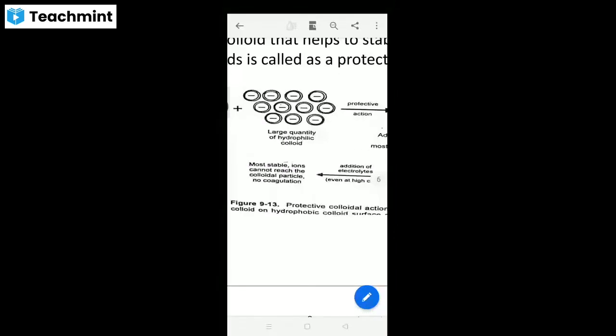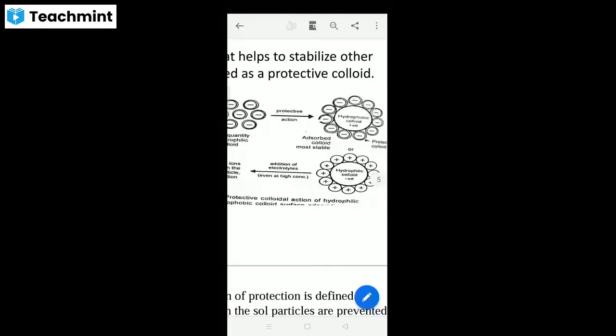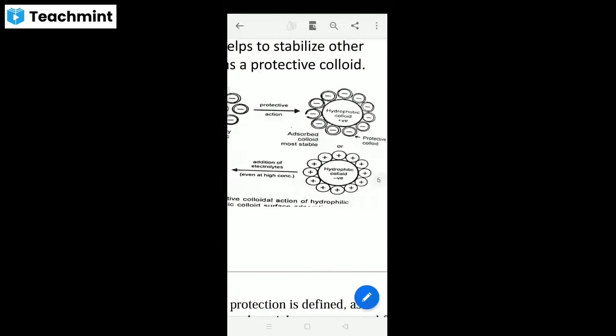After attainment of stability of the hydrophobic colloidal dispersion, even if we add electrolyte in it, even at higher concentration, our hydrophobic colloidal dispersion would remain stable, because we have added enough quantity of hydrophilic colloidal dispersion into it.